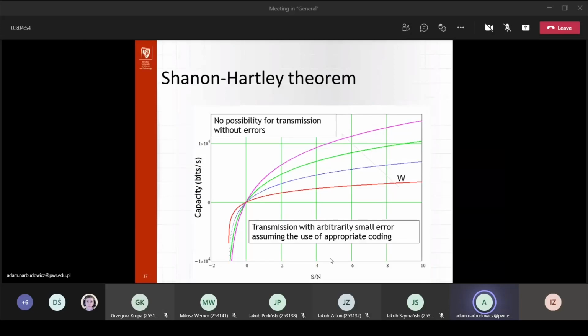Now, then again, you can also operate using the signal-to-noise ratio. This is a little bit more tricky, but hypothetically, you could try to reduce your noise by, for example, reducing the temperature of your transmitter or receiver.